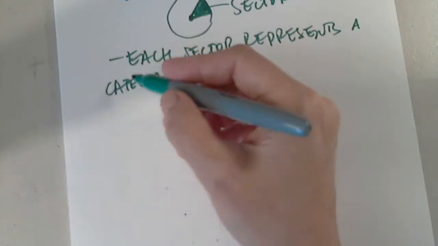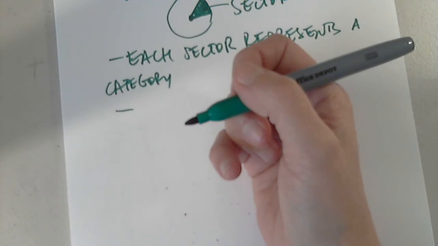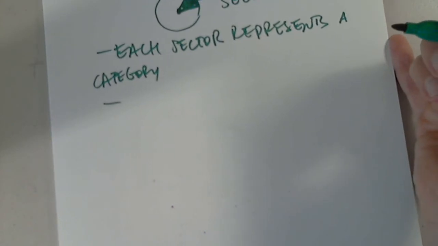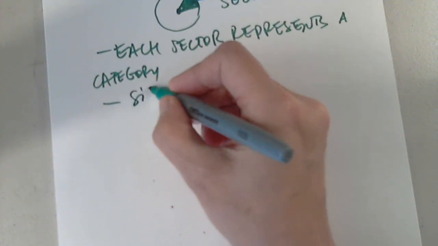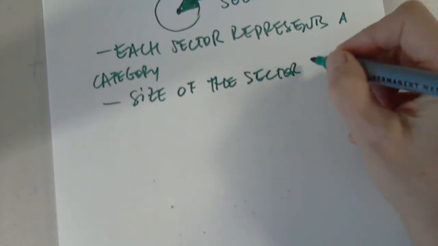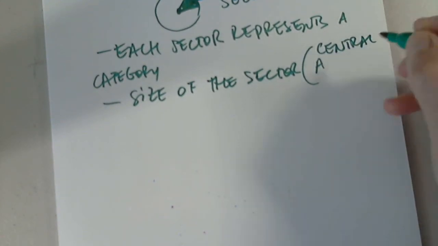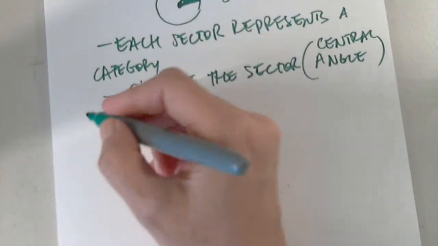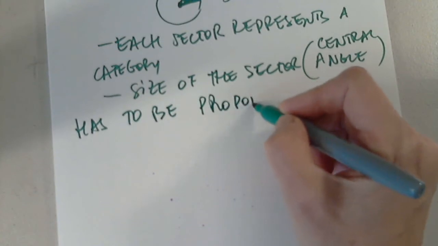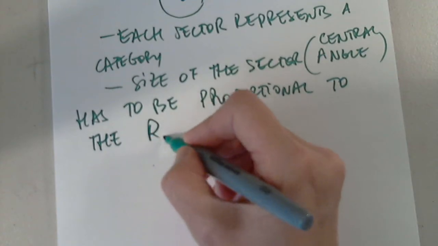And also, one other important observation about a pie chart, it has to have the size of the sector, namely the angle, which we call the central angle, proportional to the relative frequency.